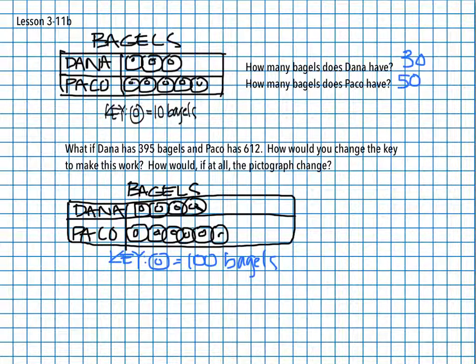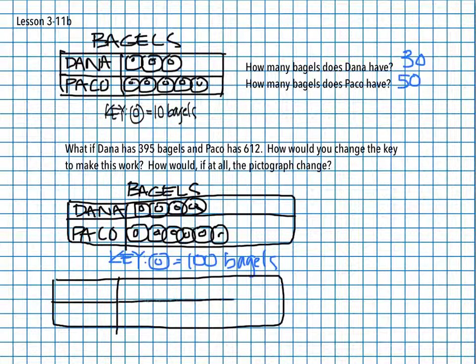All right, and the final part of this is I'm going to draw another pictograph. And again, we're talking bagels, and we're talking about our new friend Dana and our friend Paco, and our scale goes back to this one right here.